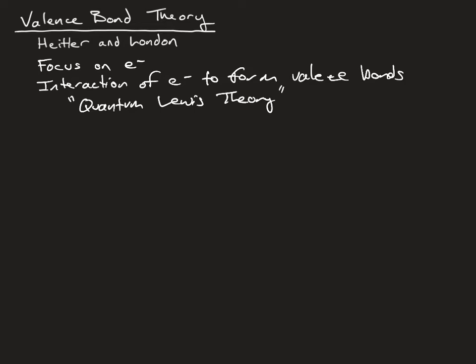Although it's conceptually a nice starting point to think about these different valence bonds in terms of Lewis structures, it actually leads to a number of misunderstandings of valence bond theory. So we're going to eliminate this idea that valence bond theory is simply quantum Lewis theory. It's actually much, much more than that. For our development of valence bond theory and then molecular orbital theory, we're going to consider one of the simplest molecules, the H2 molecule.